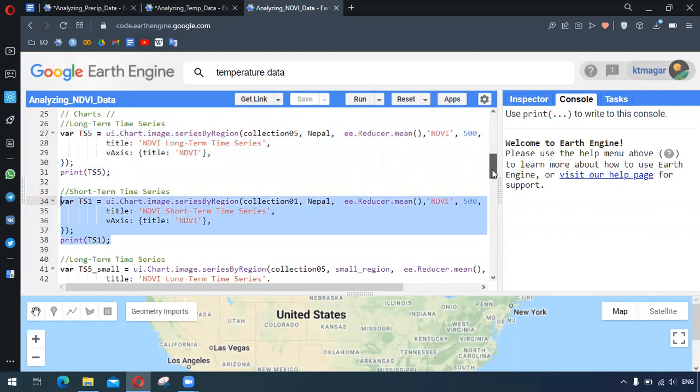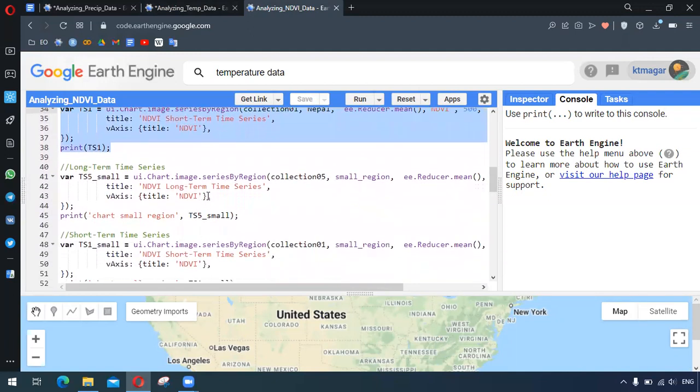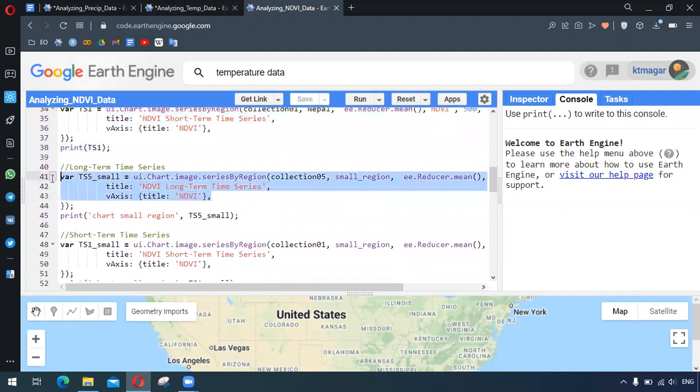Similarly, we repeat this for the small region. So if we're following till this, after using ui.chart.image.seriesByRegion, everything we're doing after that is just adding the parameters this function requires. So we provide the different parameters and it draws the chart.